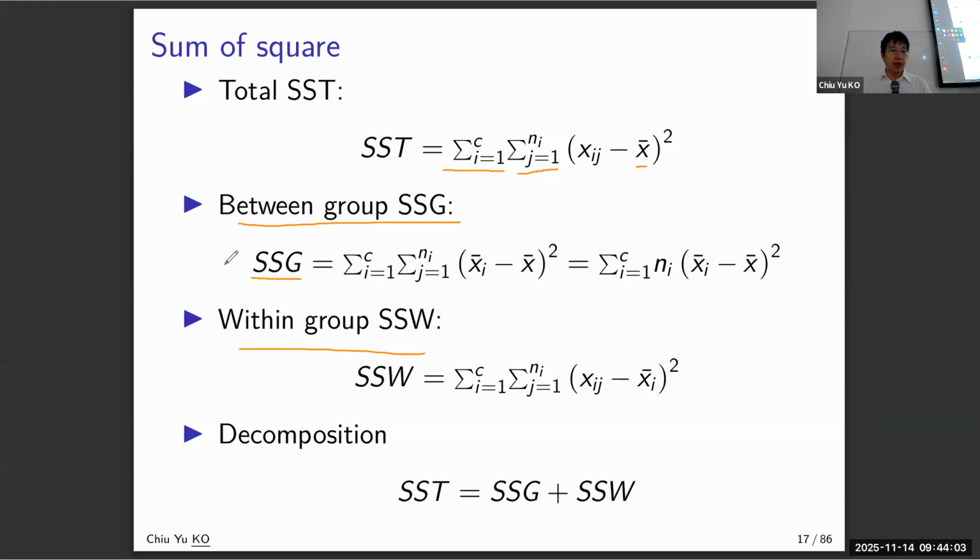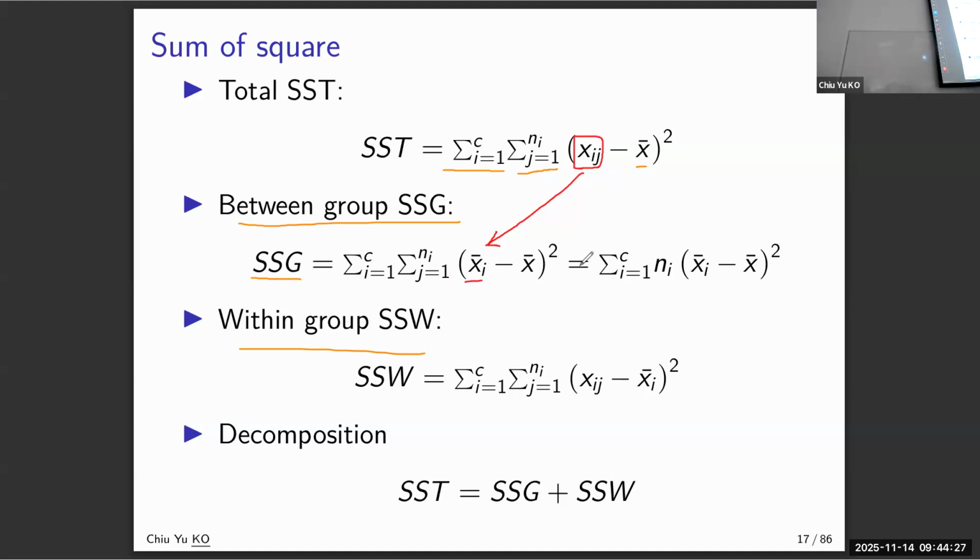What you're doing is replacing this number by its group mean, right? So basically you suck down the variation within each group, because each group will be represented by its group mean. What does that mean?